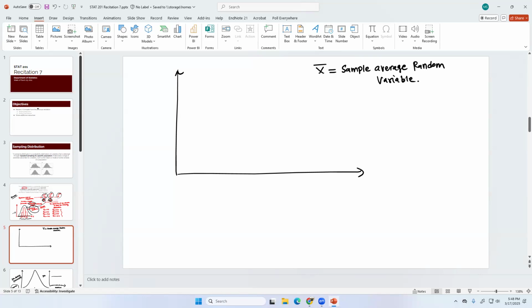So the average is changing as you take different samples, so you can represent it as a random variable, and this is your x bar, okay? These are the different possible values of sample averages that you can get when you take a sample and take its average.